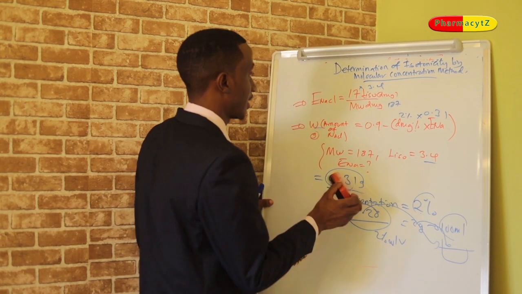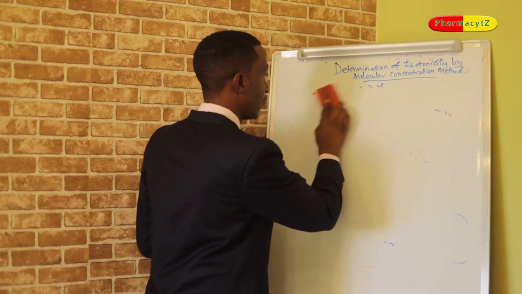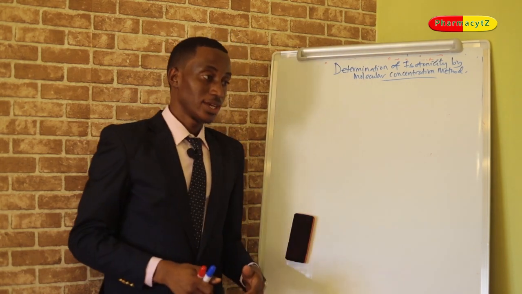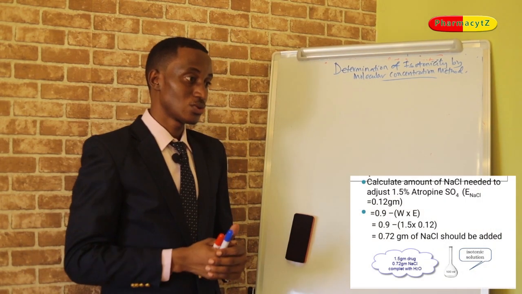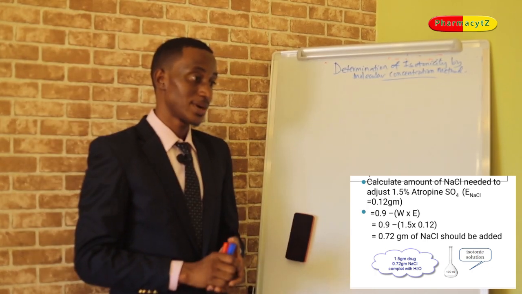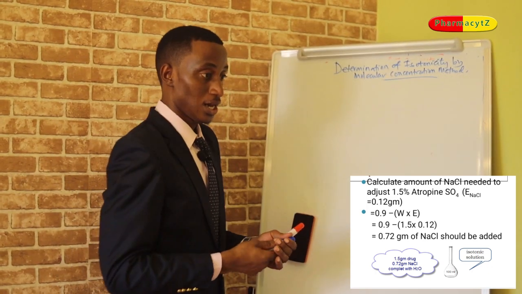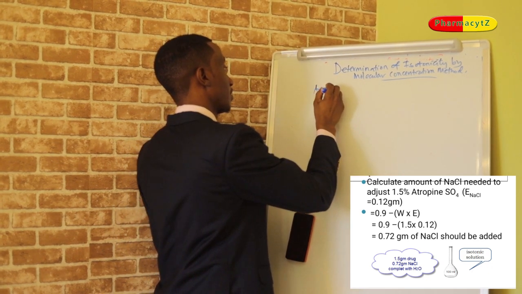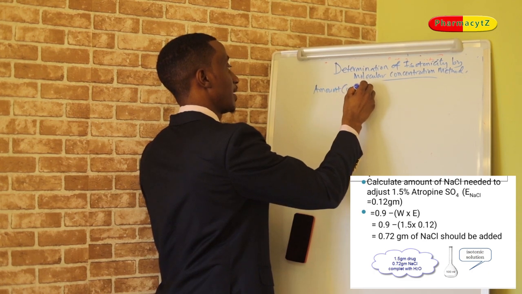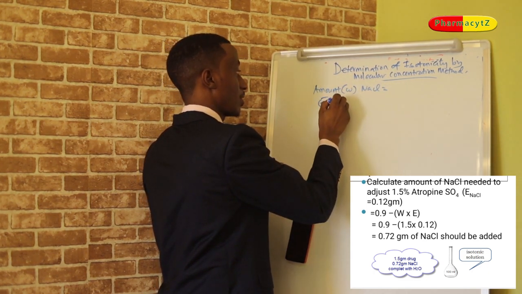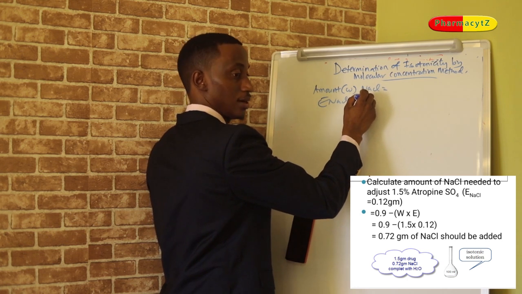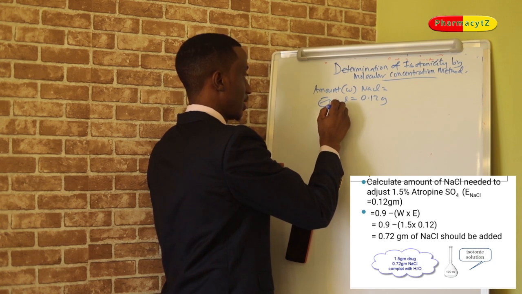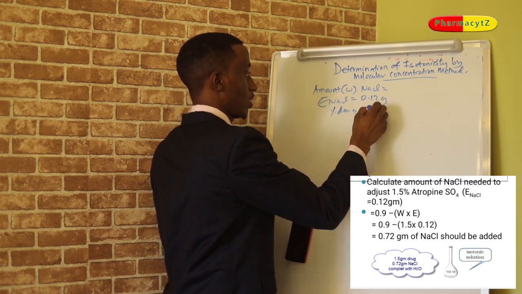Okay, let's check another example. We shall have the last 3 examples in this session. So in example 2, if you are calculating the amount of sodium chloride needed to adjust 1.5% atropine sulfate, what do you do here? We need the amount of sodium chloride, but the sodium chloride equivalent is 0.12 gram, and the drug percent is 1.5%.